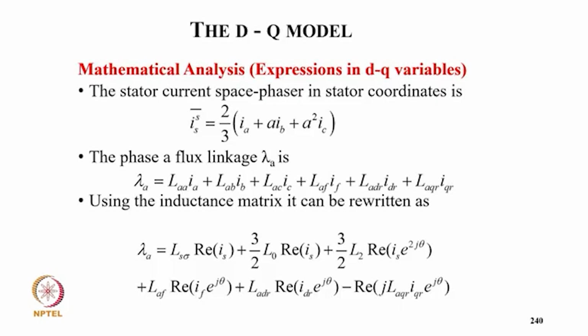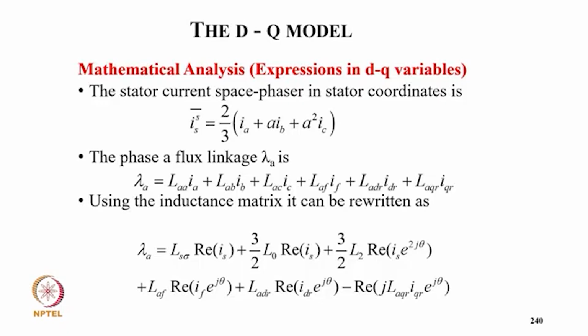Now the stator current space phasor in stator coordinates is IS equals 2 by 3 in bracket IA plus a IB plus a square IC, and phase A flux linkage lambda equals LAA IA plus LAB IB plus LAC IC plus LAF IF plus LAD IDR plus LAQ IQR.